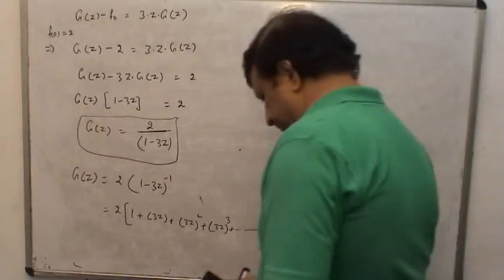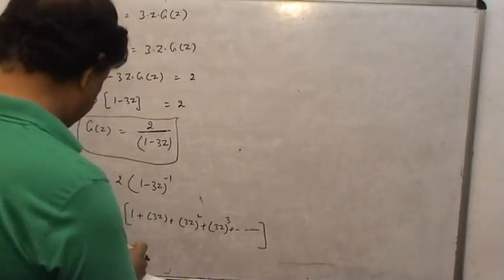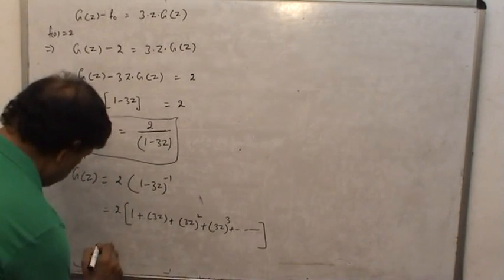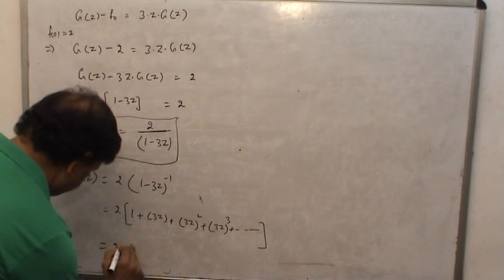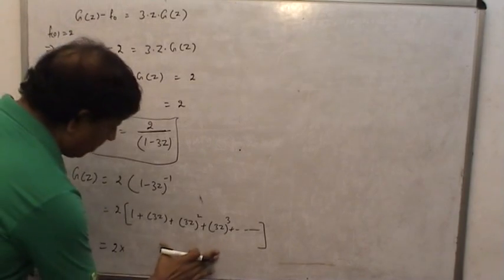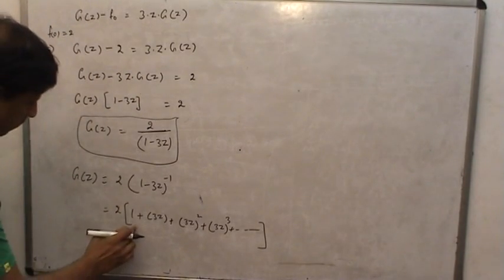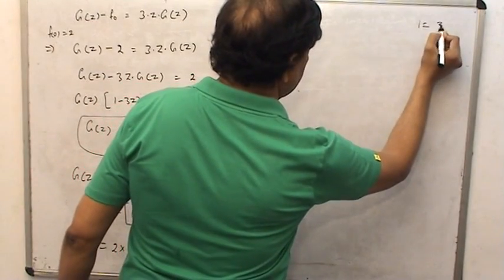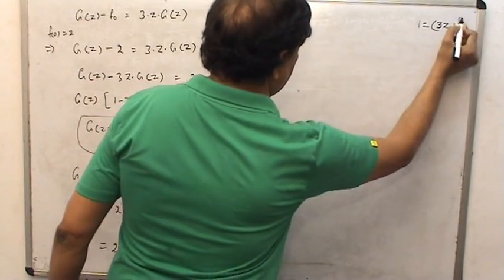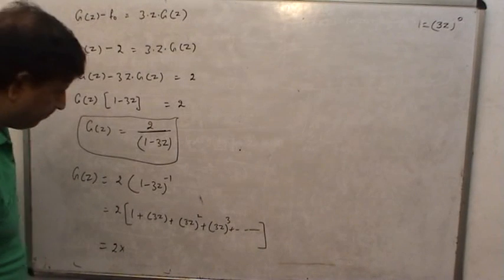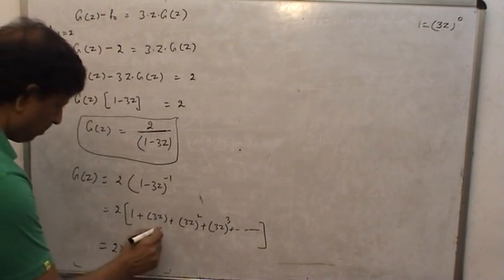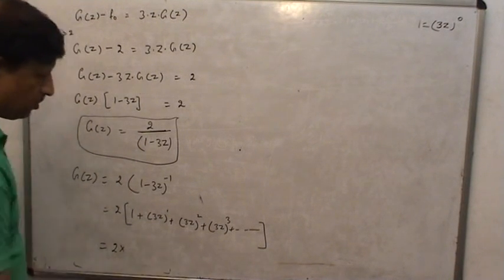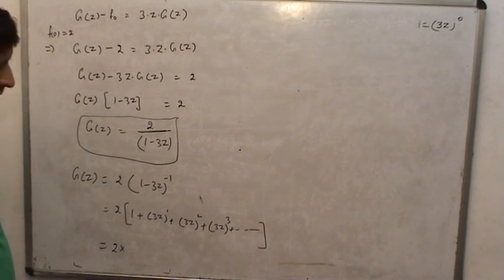That is equal to 2 into, see, it is also a sequence. If we represent it, 1 is equal to (3z) raised to the power 0, then (3z) raised to the power 1, (3z) raised to the power 2, (3z) raised to the power 3.